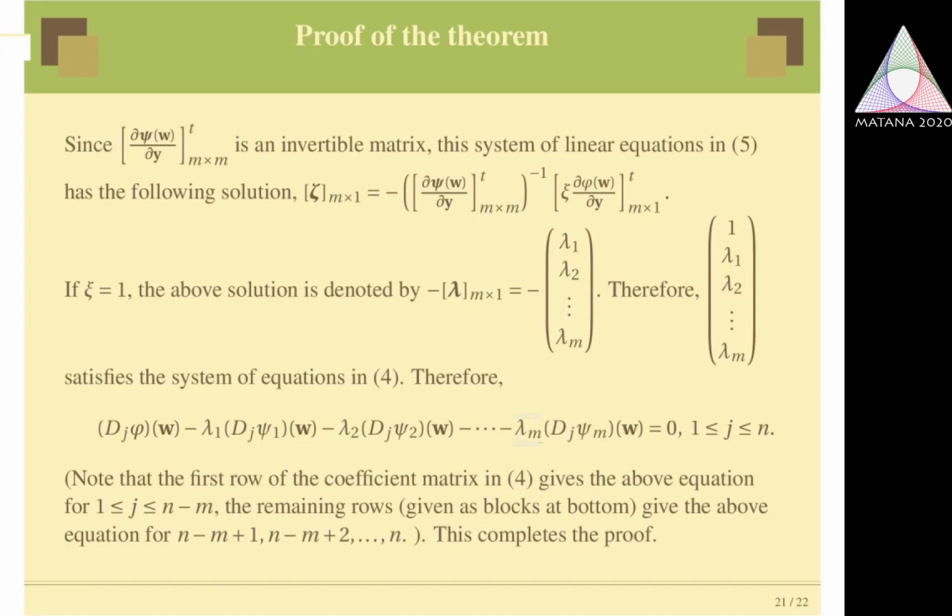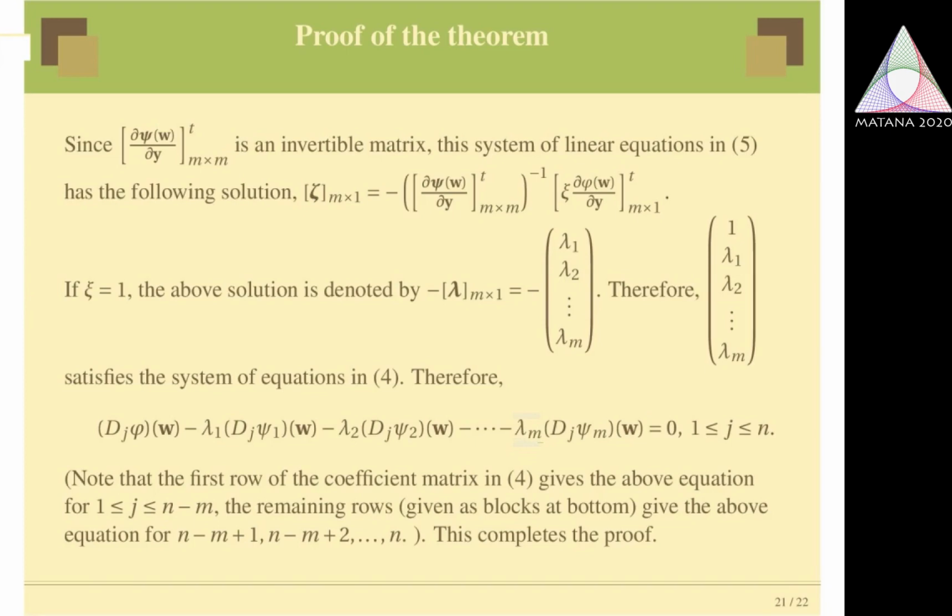We observe that this solution ζ depends on the parameter ψ. By putting ψ equal to 1, we get a solution and denote that solution by minus λ. Therefore, (1, -λ_1, -λ_2, ..., -λ_m) satisfies the equation given in 4.